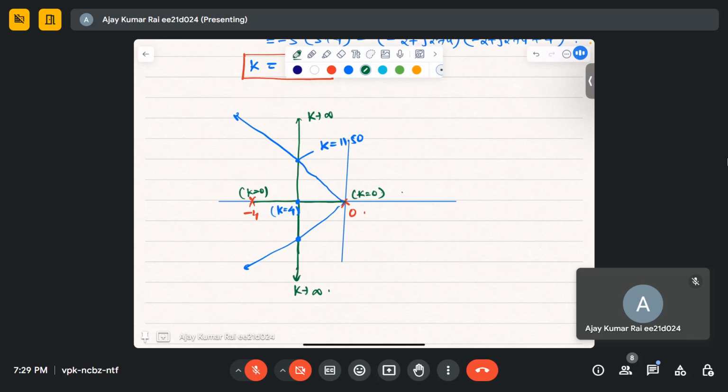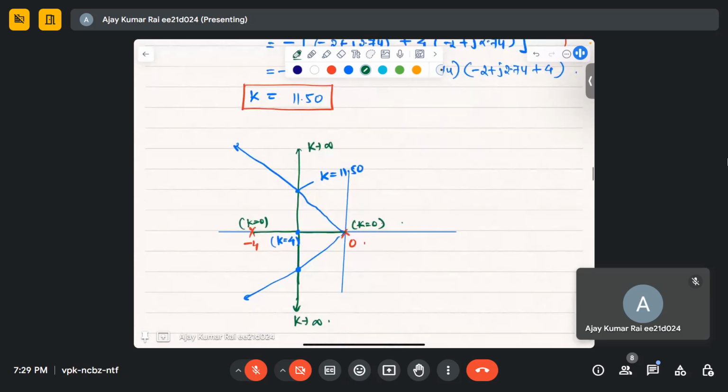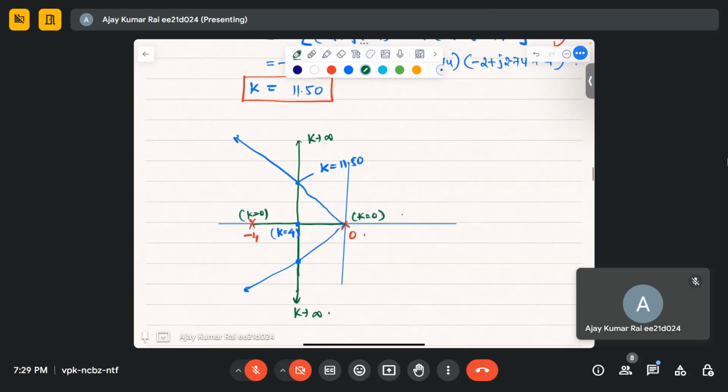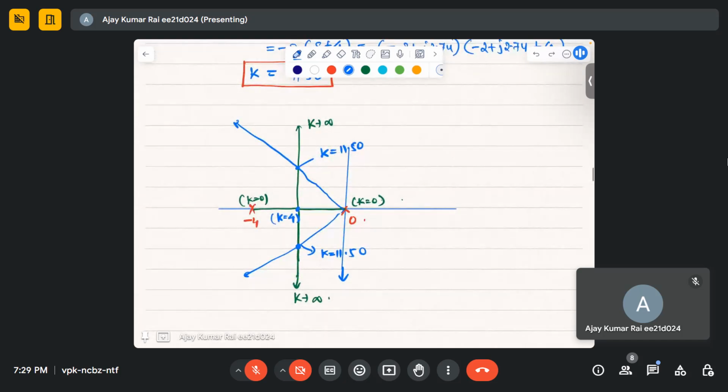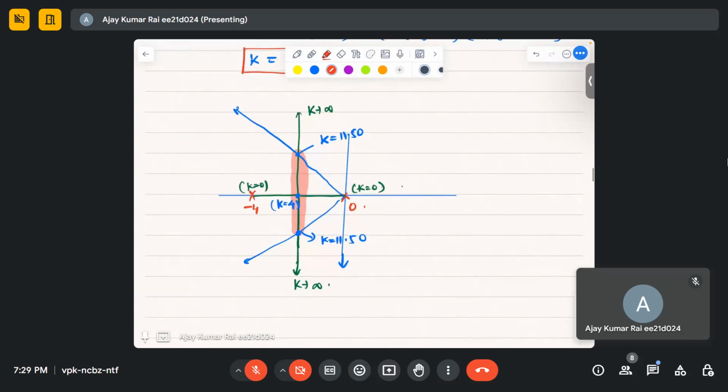What we know now is if K is between 4 to 11.50, if we have the root locus in this region from 4 to 11.50, we'll have maximum overshoot less than 10%. This we have just now calculated.